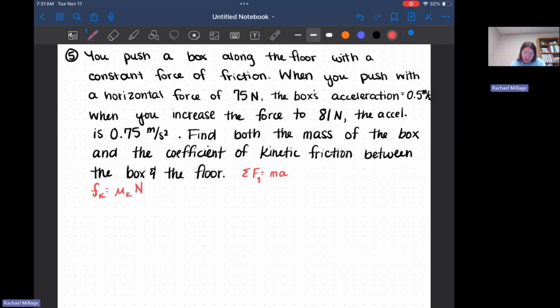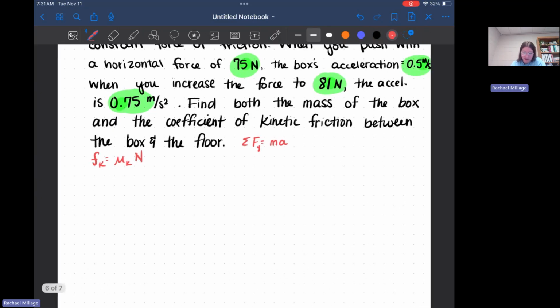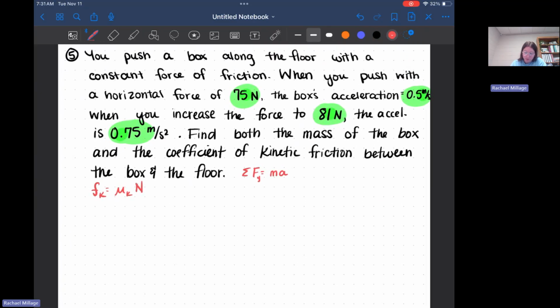Well, we know here we could find the box's mass by using either one of these, right? We have a matching force to an acceleration and a matching force to an acceleration. We can even use that to double check our mass. So I might say that 75 newtons in the x direction. This time we're talking about sliding, right?